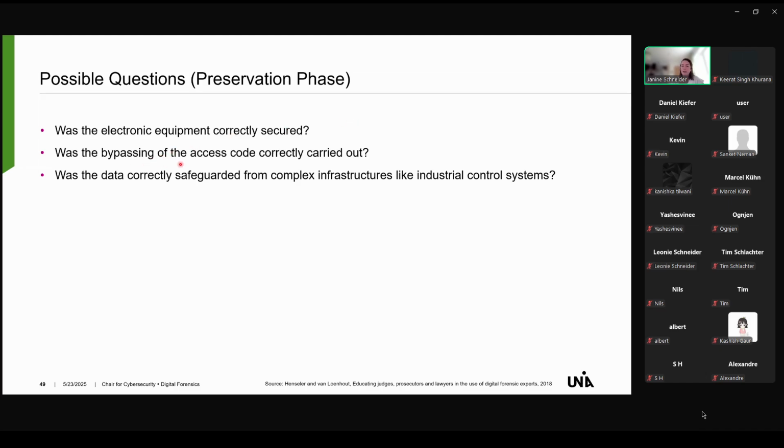Was the bypassing of the access code correctly carried out? Was the data correctly safeguarded from complex infrastructures? Like the preservation phase, you can see here that it very much focuses on securing evidence from manipulation and changes.